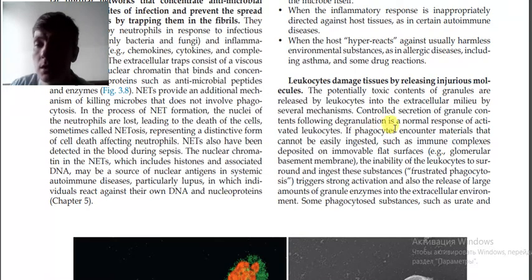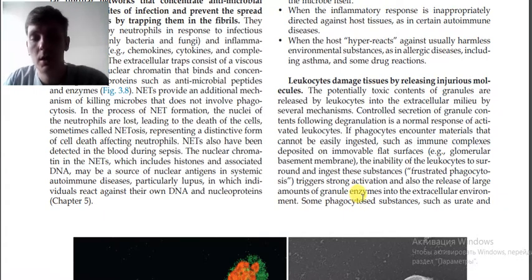If phagocytes encounter materials that cannot be easily ingested, such as immune complexes deposited on immovable flat surfaces, for example the glomerular basement membrane, the inability of the leukocytes to surround and ingest the substances is known as frustrated phagocytosis. It triggers strong activation and the release of large amounts of granule enzymes into the extracellular environment.